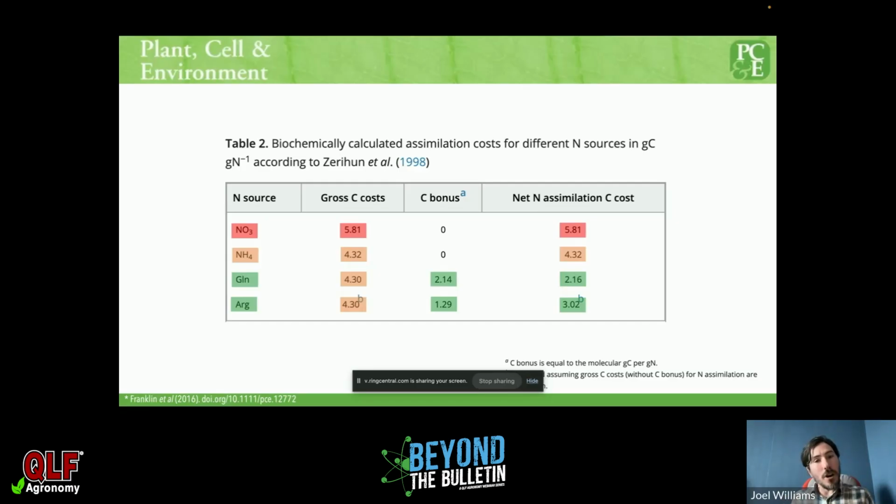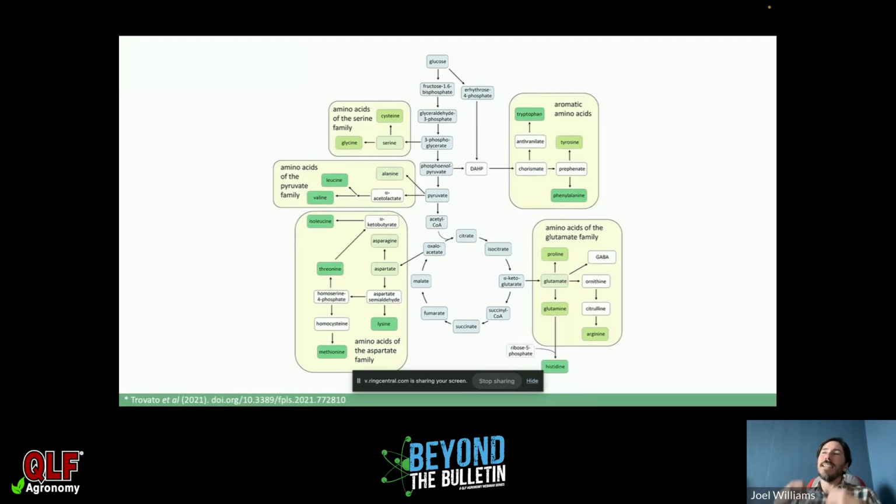That comes off the cost of acquiring and using that nitrogen, and therefore our net costs are then lower. So the most energetically efficient form of nitrogen to feed a plant is some of these organic molecules for this very reason. Okay, so that's a nice example, putting that into numbers.